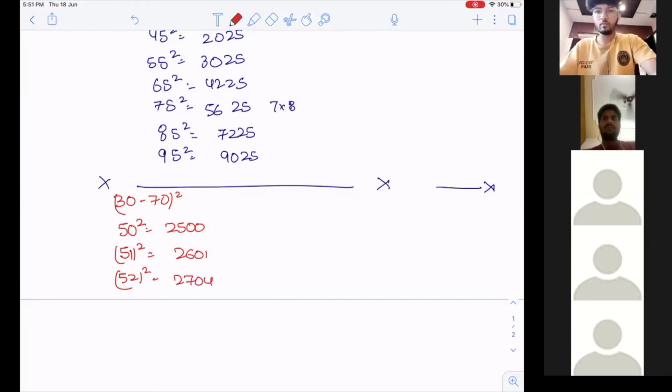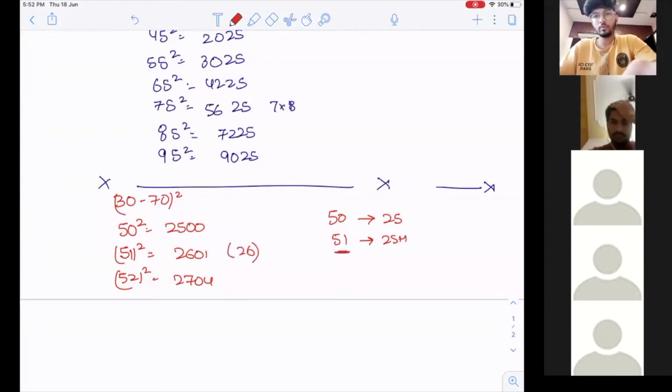So what happens is, any number plus minus 50. Let's listen. 50 का base हमारा क्या है? 25. 51 में क्या हुआ? ये 25 plus 1 हो गया यहाँ पे. 25 plus 1 कितना हो गया? 26. और क्या हमने add किया था 50 में?